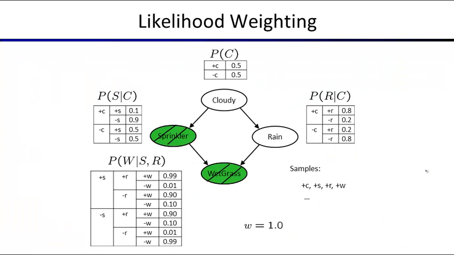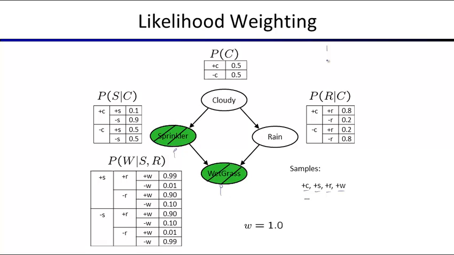Now let's run an example here. We have a sample plus C, plus S, plus R, plus W. This here was evidence and forced. This was evidence and forced. So let me backtrack.